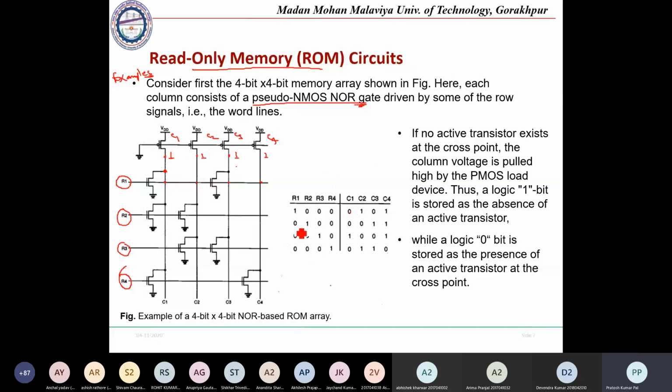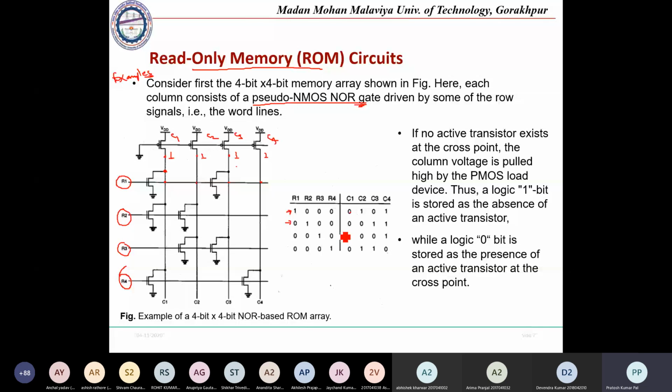So in the first case this is the case. In the second case, suppose R2 is 1. Then C1 and C2 will be 0, 0, because this value will go to the ground. There will be 0 stored at these locations, and the 1 that is there in C3 and C4 will remain the same, 1 1.